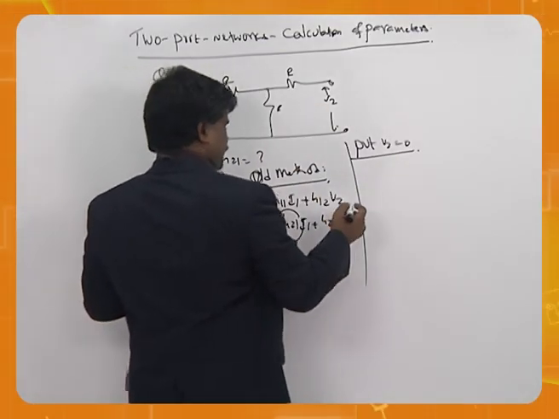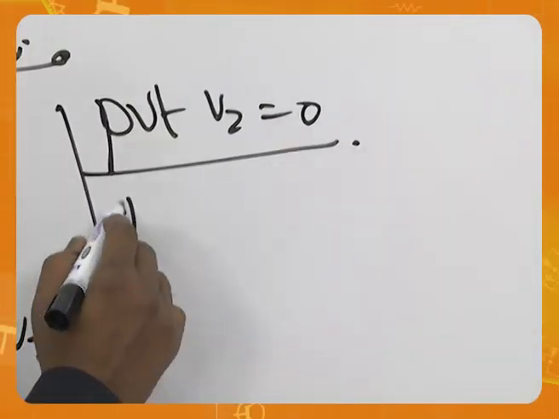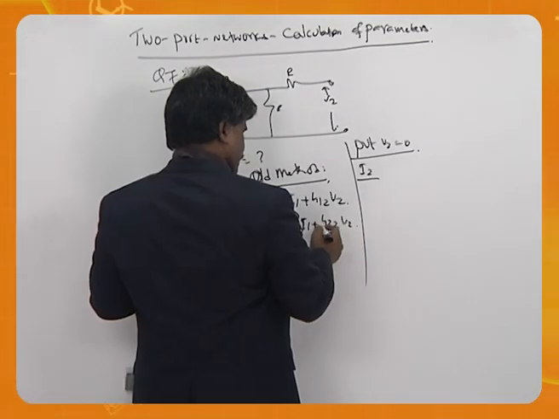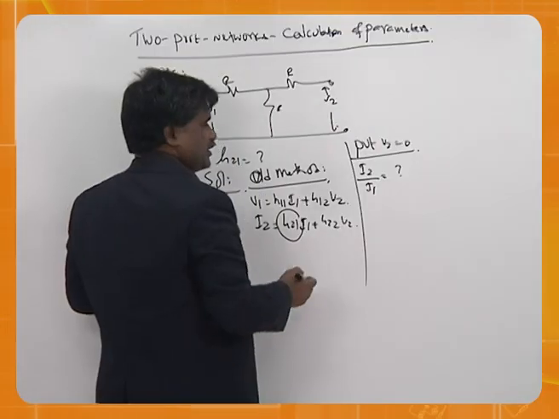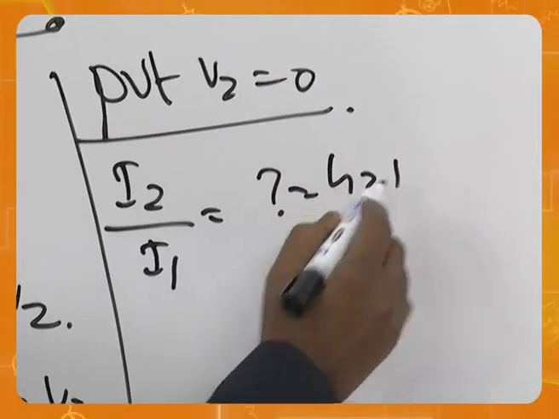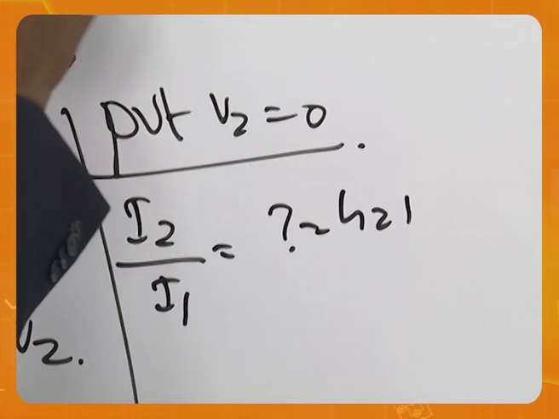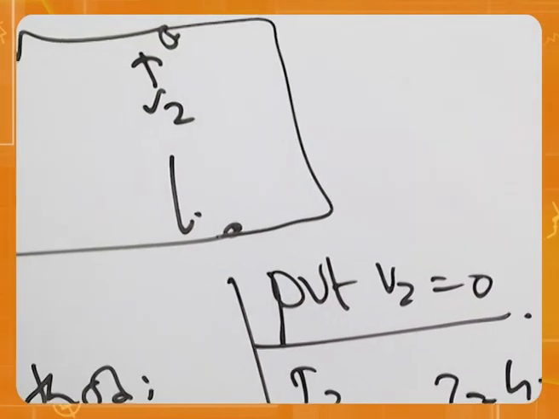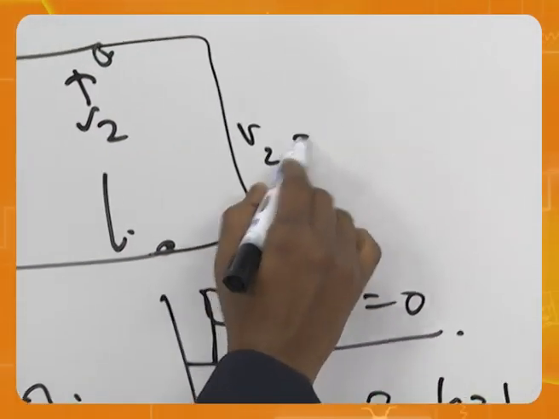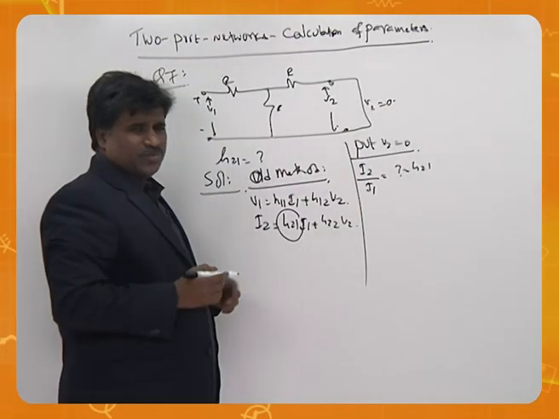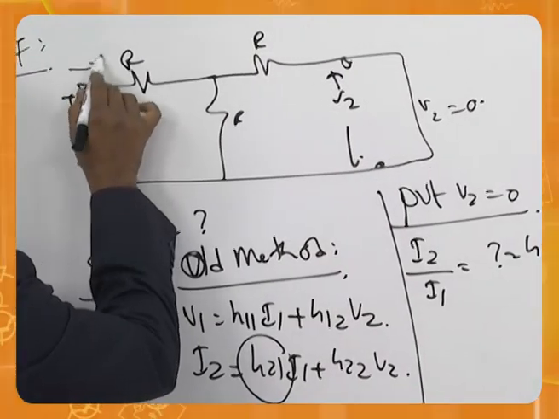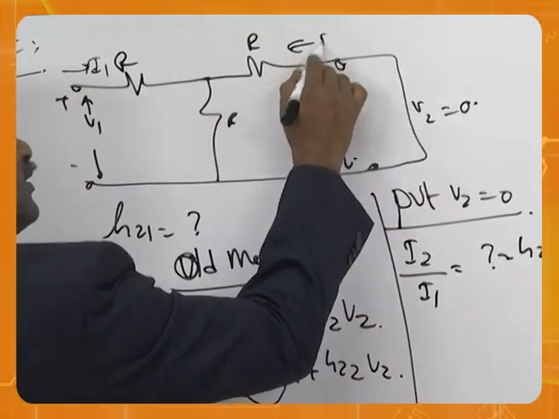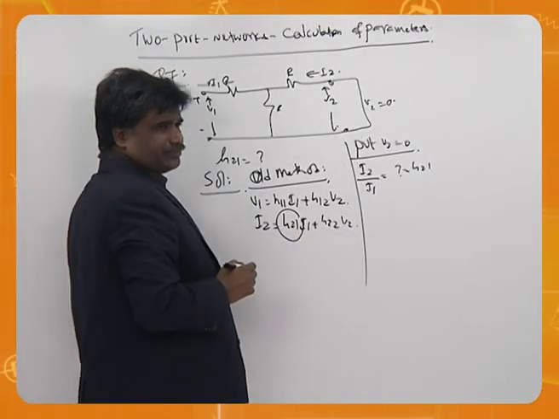Put V2 equal to 0 in the circuit. Then calculate I2 by I1. Whatever that comes is actually called H21. V2 equal to 0 means the voltage is zero, and zero voltage means short circuit. Now this is I1, this is I2.